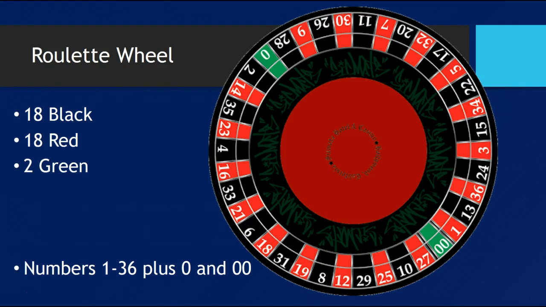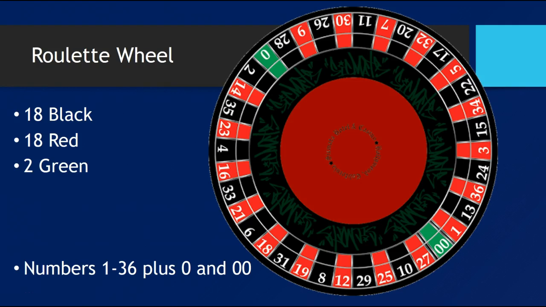Now, if you look at the roulette wheel, well, let me take a step back. Our roulette wheel that we're going to use in this class is going to be the 38 slot roulette wheel. There are actually two different types of roulette wheels. One is a 37 slot roulette wheel, one is the 38 slot roulette wheel. So we're going to use the 38 slot roulette wheel. And the 38 slot roulette wheel has 38 different numbers.